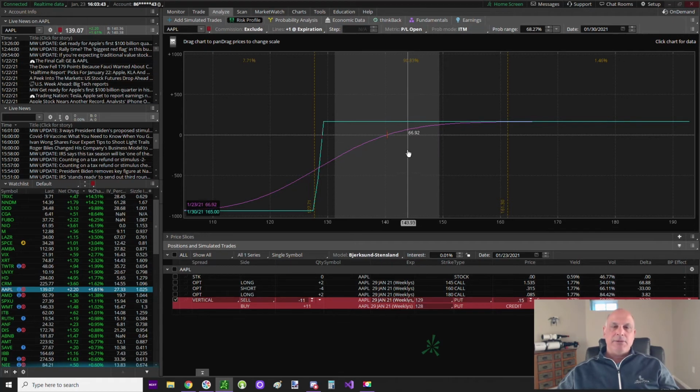So the maximum you would collect would be $165, but you'd probably close this trade out for about half of that, or $80. And that's basically how we would calculate our buying power reduction, and show you how we size our trades for that particular option strategy.